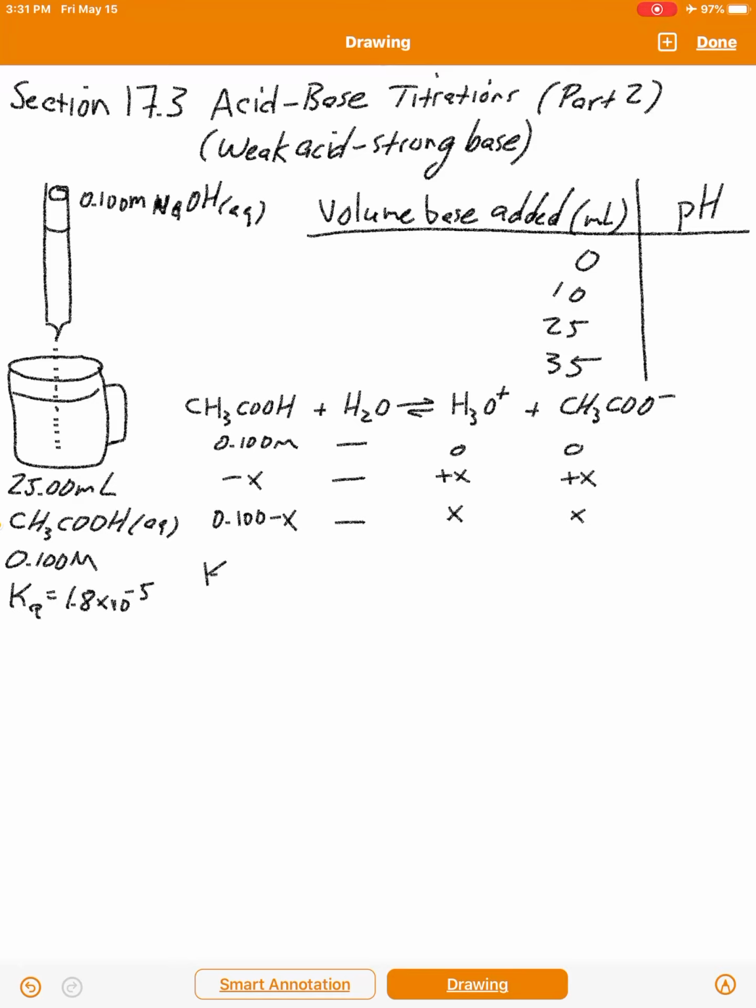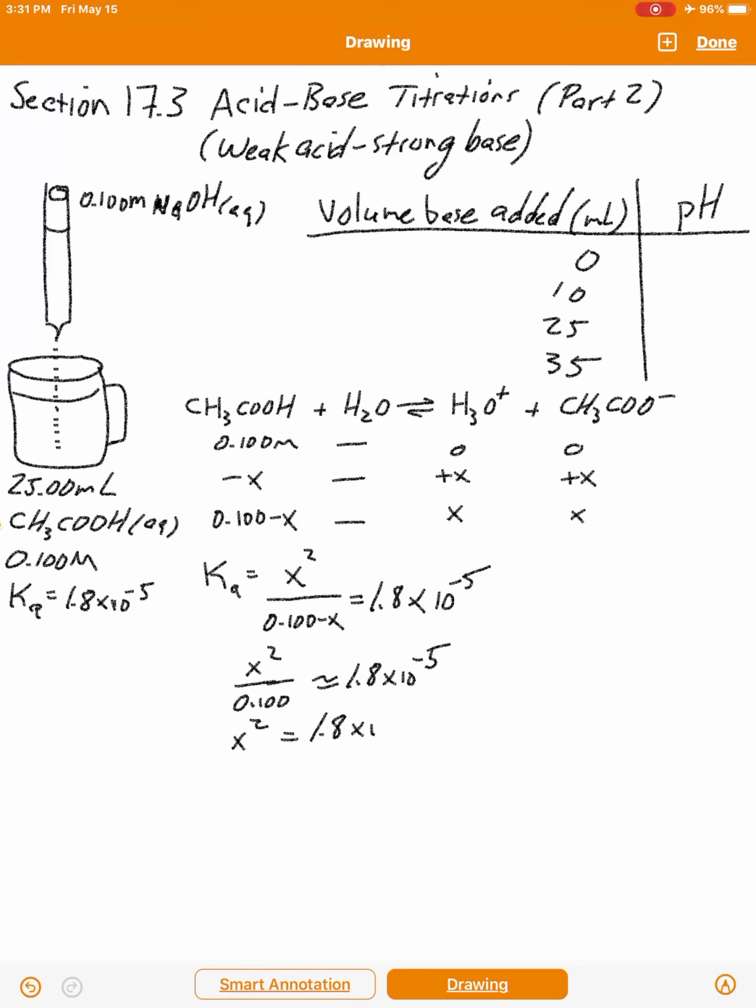So Ka is the concentration of the products, so that's X squared, divided by 0.100 minus X, and that is equal to 1.8 times 10 to the minus 5, which is a relatively small number. So we can simplify this to X squared over 0.100, which should be equal to 1.8 times 10 to the minus 5. X squared should be 1.8 times 10 to the minus 5 times 0.100, which is 1.8 times 10 to the minus 6.